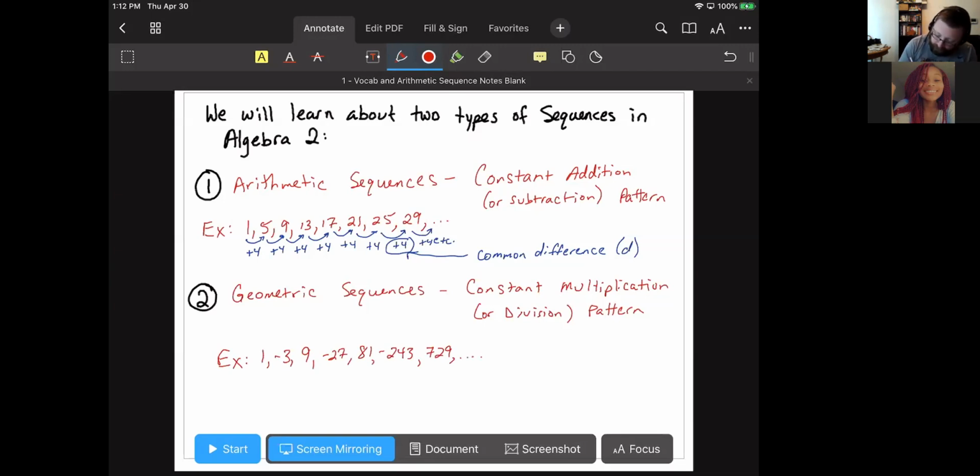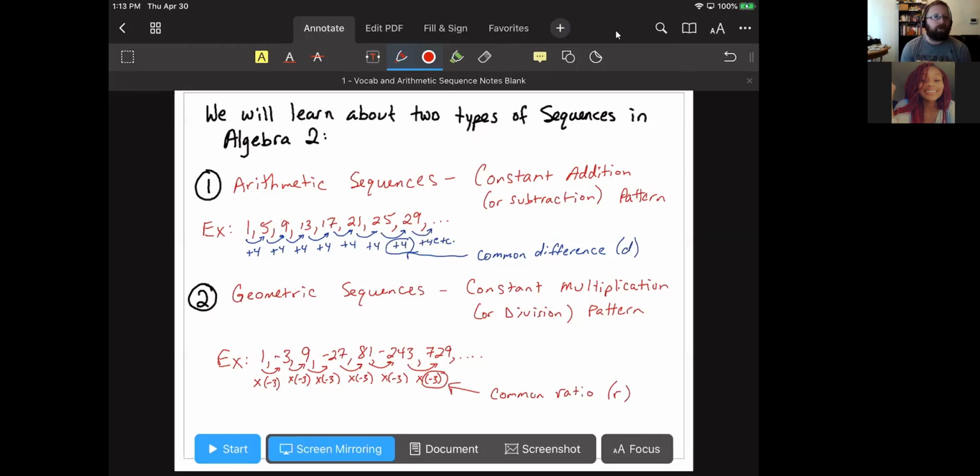Okay, that has a pattern as well. The pattern is that we are multiplying by negative 3. That negative 3 we're multiplying by is known as the common ratio, and we will represent that value with a lowercase r. Now, we're not really going to spend much time talking about geometric sequences today. We're going to be focused in on arithmetic sequences.